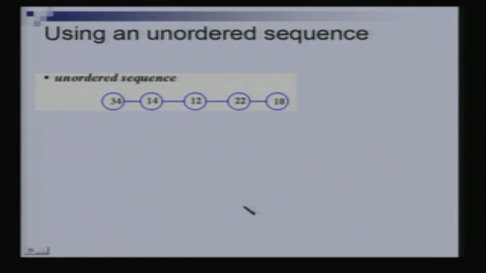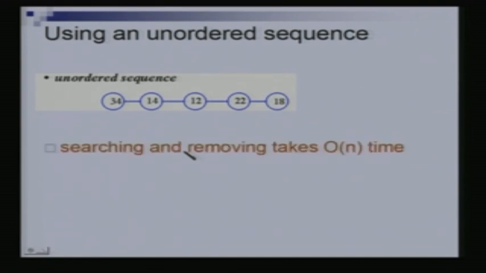So, you can use an unordered sequence to do this. What does that mean? That means that suppose these were the phone numbers, I have not put down the 8-digit numbers, but let us say these were the phone numbers, you could just put them in a list, in any arbitrary order. And now, how much time does searching take? Order n. Does everyone understand why?